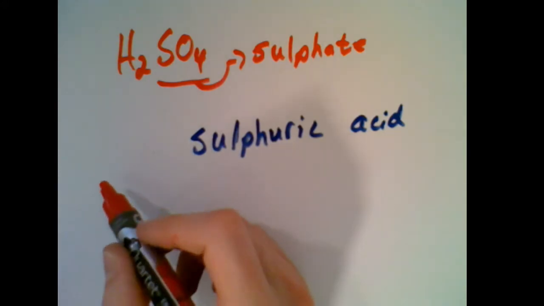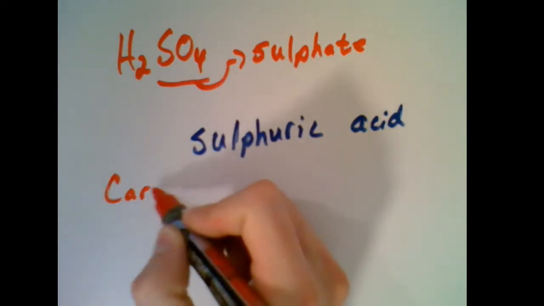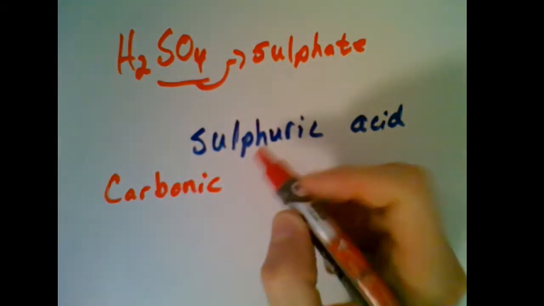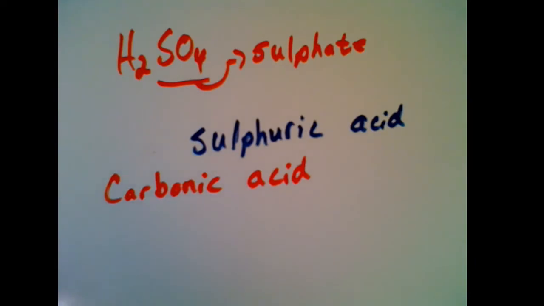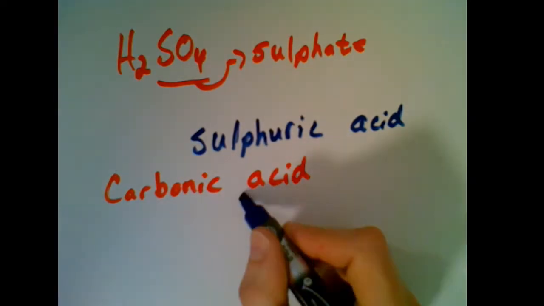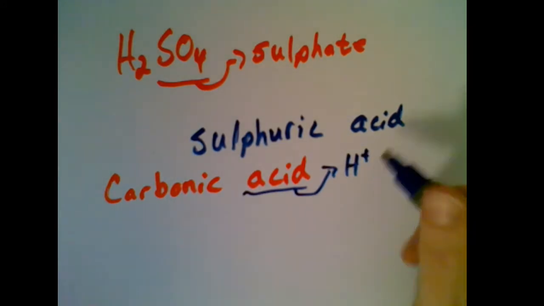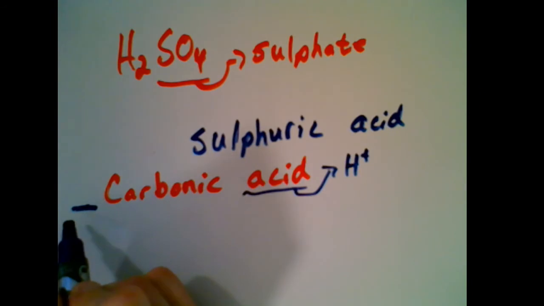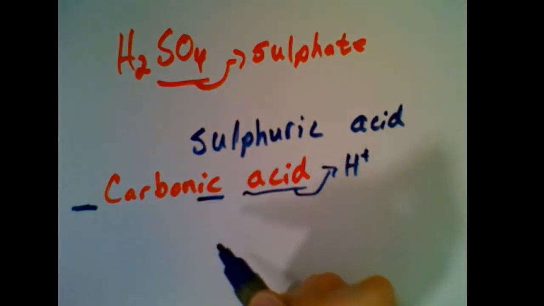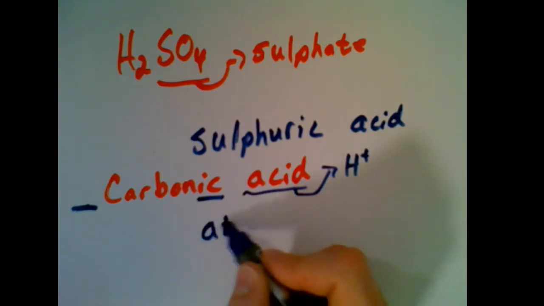So let's say, or maybe write our formula. So let's say we had carbonic acid, and we wanted to be able to figure out what is the formula for it. So again, recognize it's an acid. It's going to have H plus in the beginning. It has no prefix. That's what we need to look for. And it ends with ic. So we know it used to end with ATE.